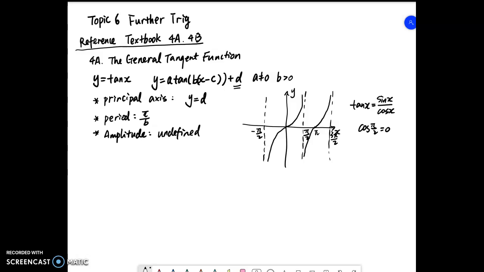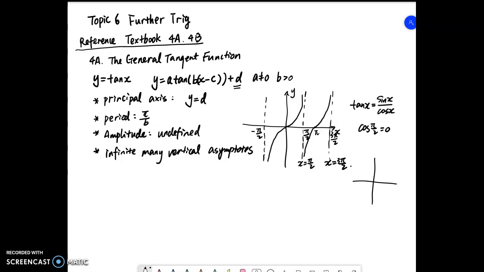So the amplitude is undefined, and we're talking about asymptotes. This is x equals pi on 2. This is x equals 3 pi on 2. So there are infinitely many vertical asymptotes. Does that make sense?